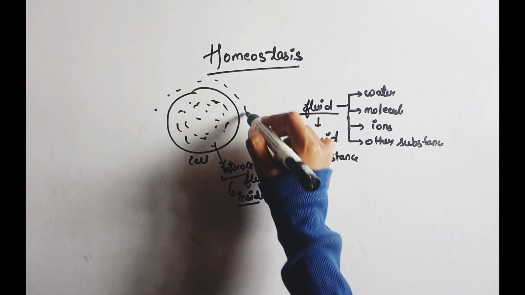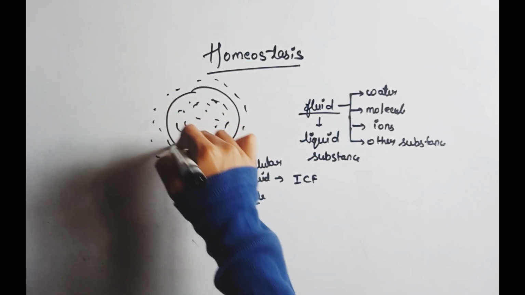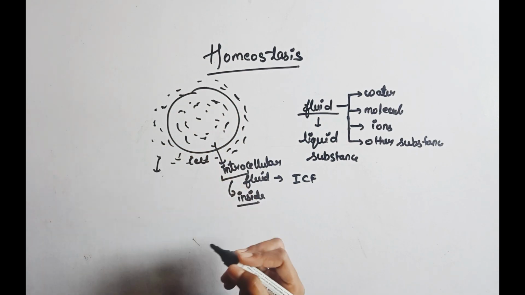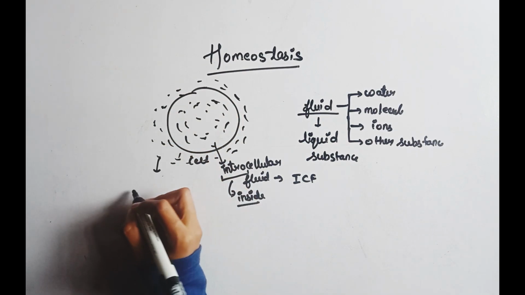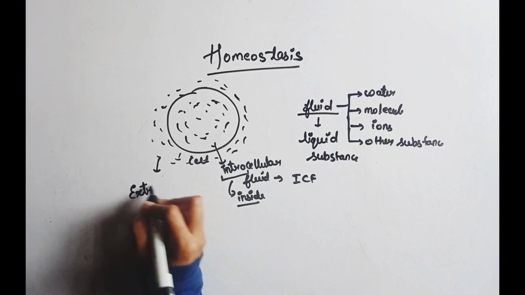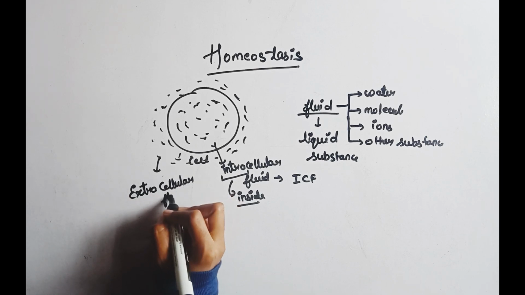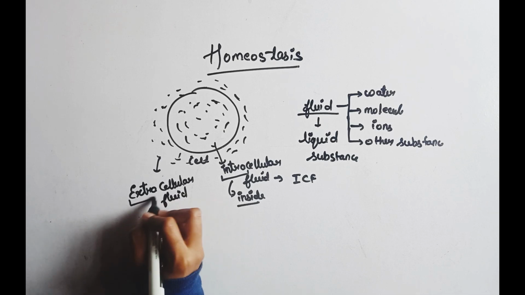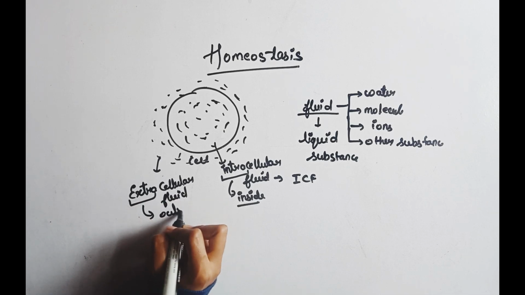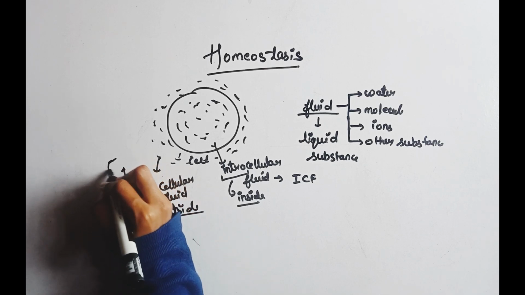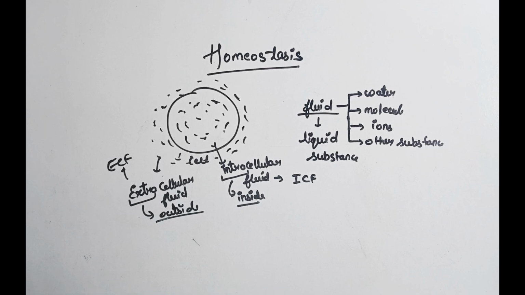The fluid that surrounds the cell is called extracellular fluid. Extra means outside, and the abbreviated form is ECF.